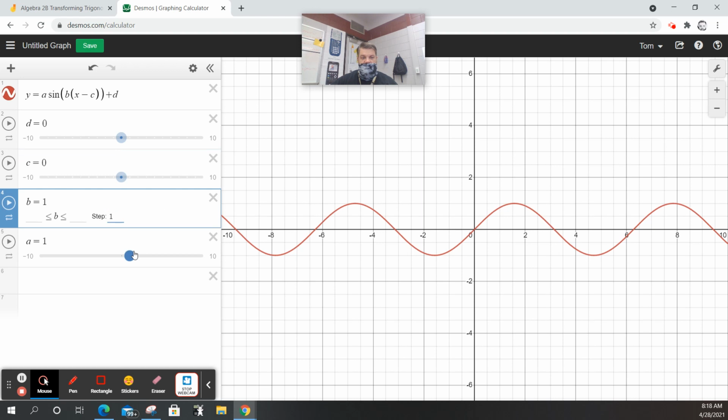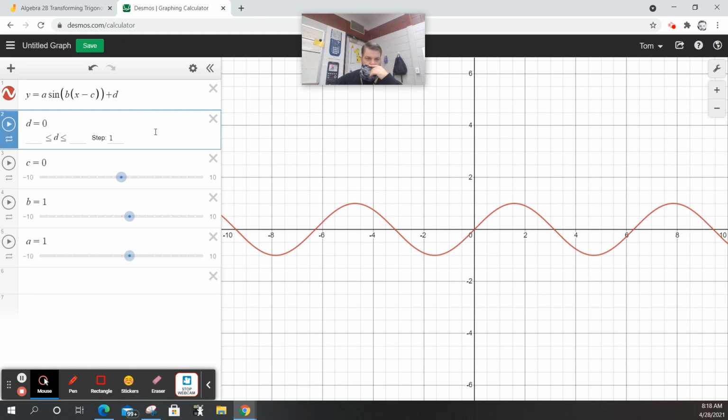I'm just going to make these integer values because it'll be a lot easier for me. So 0 for C, 0 for D, 1 for B, and 1 for A. I get the regular parent function sine of x. Okay.